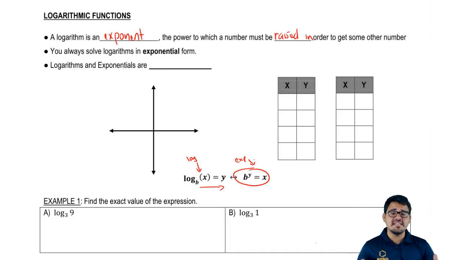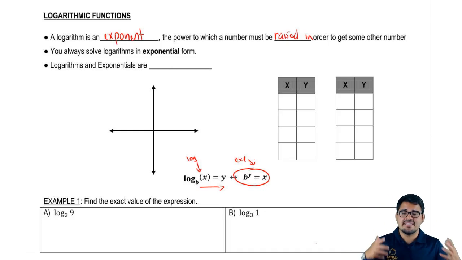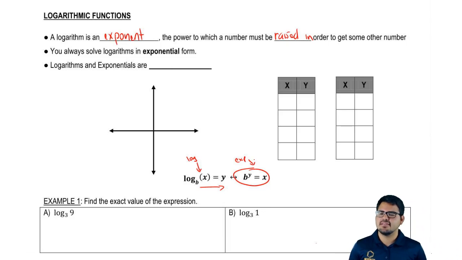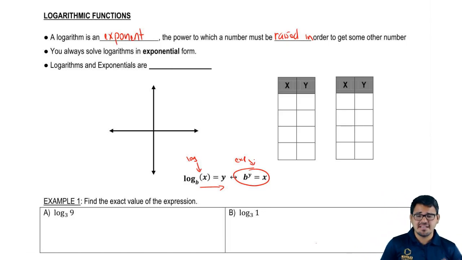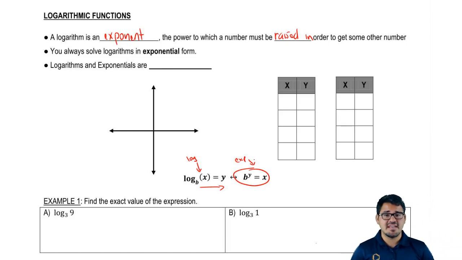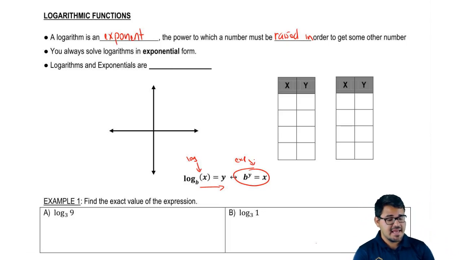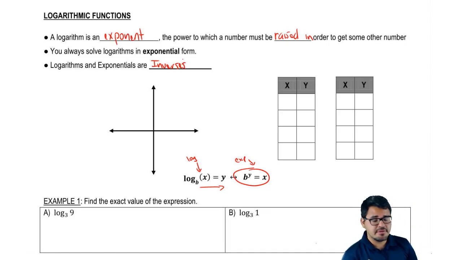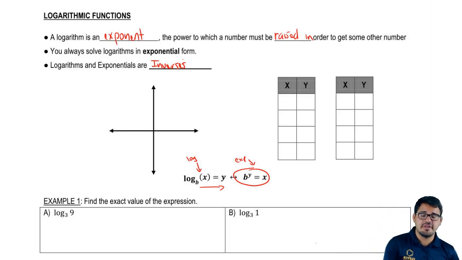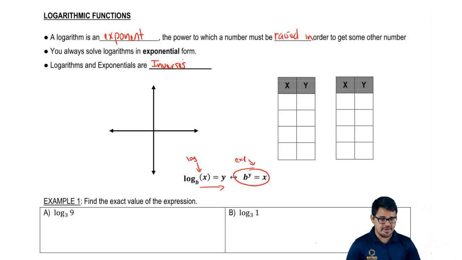And why do we deal with logarithms and exponentials at the same time? Why do we even relate them? The reason is that logarithms and exponentials, as we actually learned about, are inverses, right?